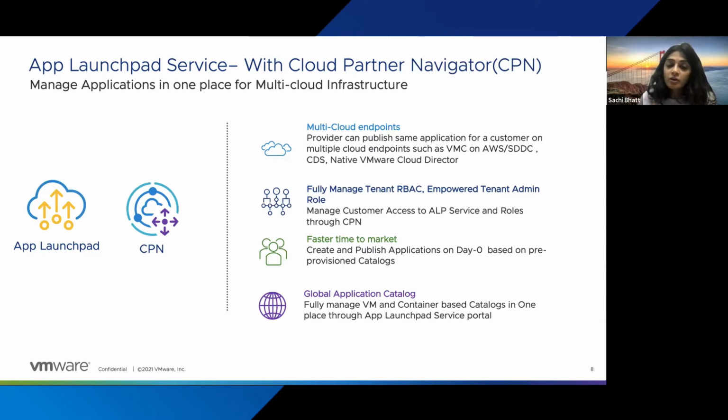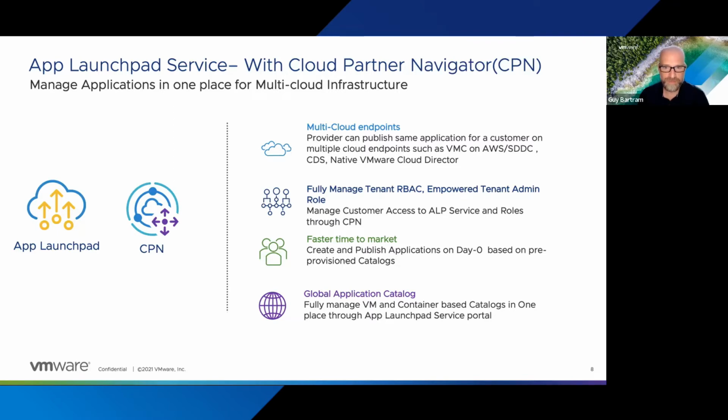So if you are onboarding a second site after the first site, and a third and fourth and fifth, you can simply publish that catalog to a new cloud endpoint, and that catalog will be available to you. You don't have to install and manage the extension on each site and create the same catalog all over again. Yeah, that's really good.